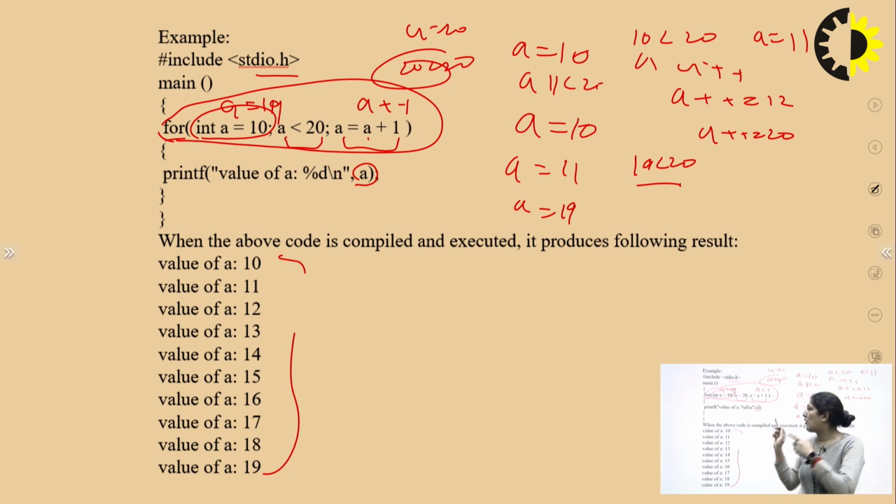But in for loop, the initialization, the condition, and the increment or decrement, all three come in one single line, and we check all three at once. The output for all three will be the same. So according to the demand of the program, we can use any of the three, and all three are very efficient to use.